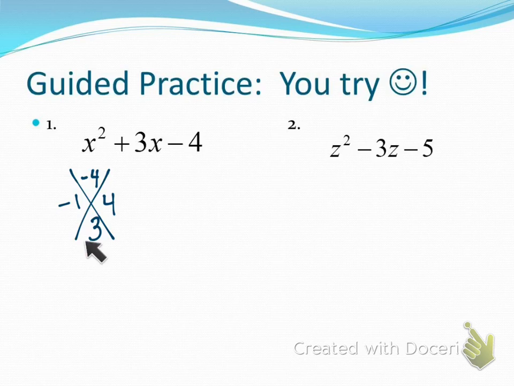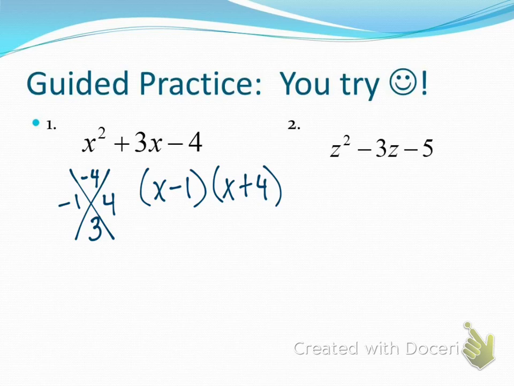Okay, so I agree with this x because negative 1 times 4 is negative 4. Negative 1 plus 4 is a positive 3. So if we use what Ellie put in her x to write an answer, what is that going to look like? Yeah, x minus 1 and x plus 1. Beautiful.